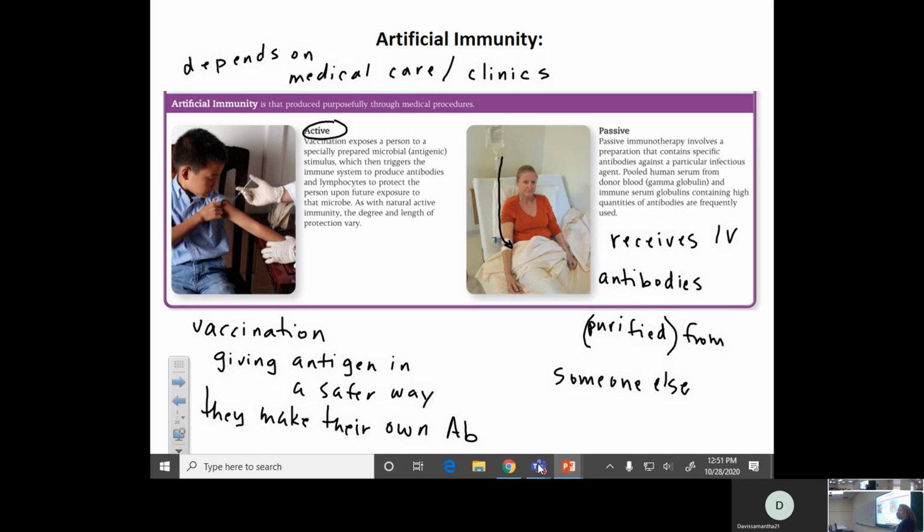If people have survived and the survivors have antibodies still in their blood, they can go and donate blood. You can purify the antibodies out of their plasma, and then you can give them to somebody else who's struggling with disease. It's not just for COVID disease that this happens, but that's an example. And if you've heard lately of the concept of convalescent plasma, that's what this is. Convalescent plasma is artificial passive immunity.